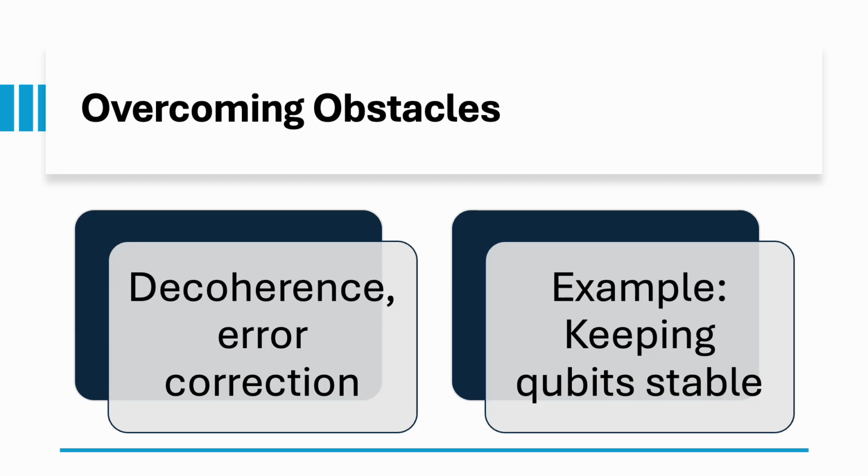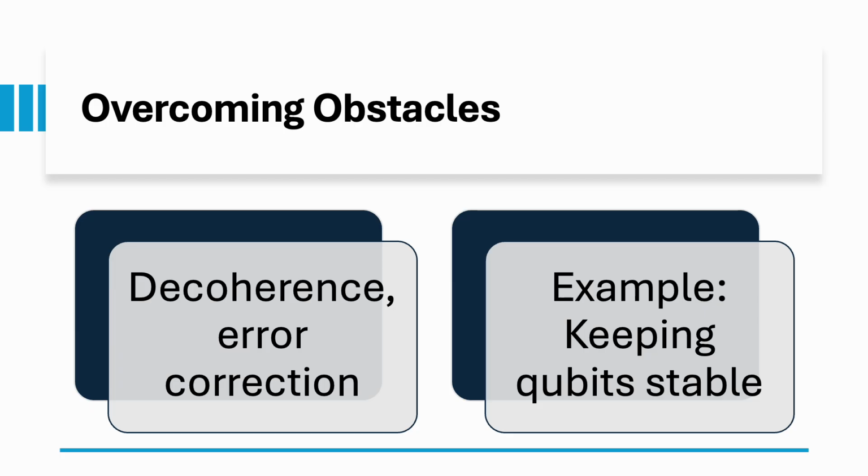Well, this delicate quantum state is extremely fragile and can be destroyed by almost anything in the environment, such as heat, vibrations, electromagnetic radiation, or even stray particles in the air. When a qubit interacts with its surroundings, it loses its quantum properties and decoheres, collapsing from the useful superposition state into just a regular 0 or 1, like a normal bit.